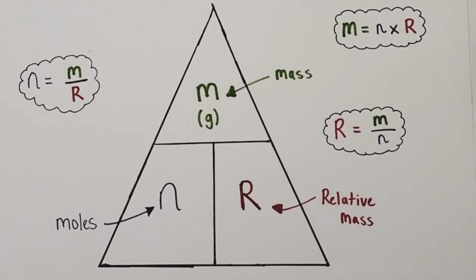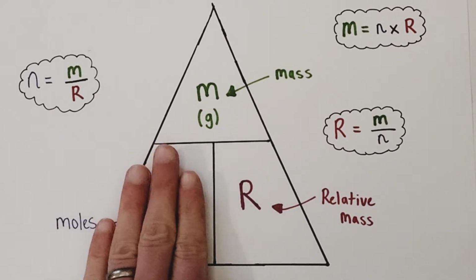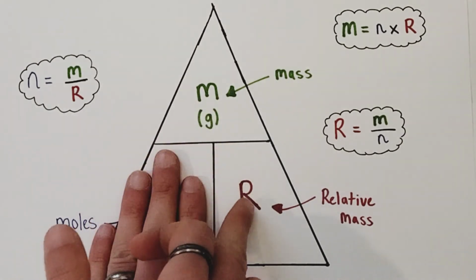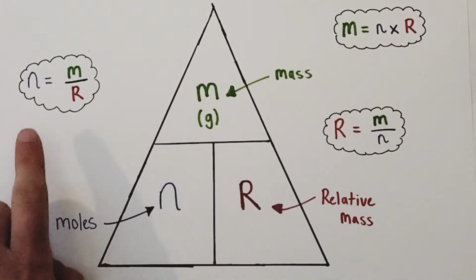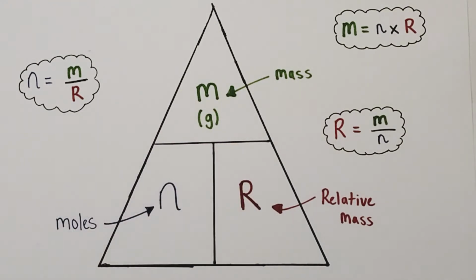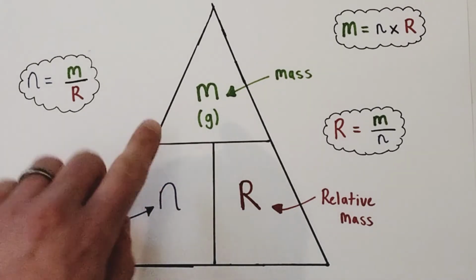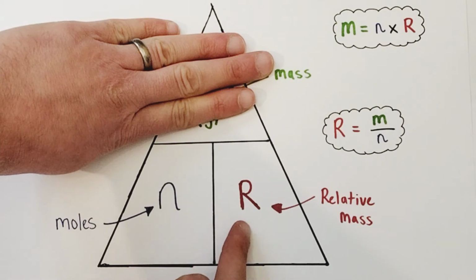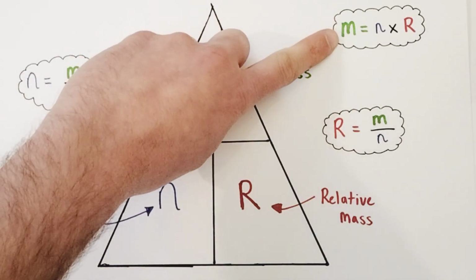Now, once we arrange that information into a formula triangle, we can manipulate that formula triangle to work out any of the 3 values we like, simply by covering the one we're looking for. For example, if I want to know number of moles, I cover the n on the triangle, showing me the function would be mass in grams divided by relative mass to give me moles. In other words, this arrangement here. On the other hand, if I want to work out mass, I cover mass with my hand, showing me the function would be number of moles times relative mass, which is the second rearrangement shown here.